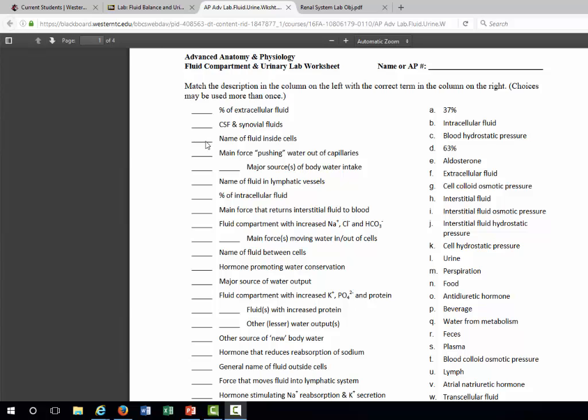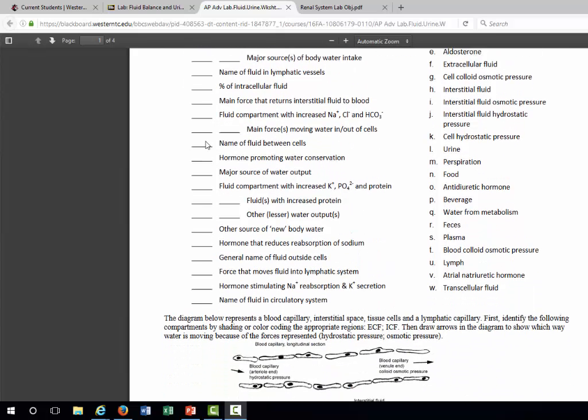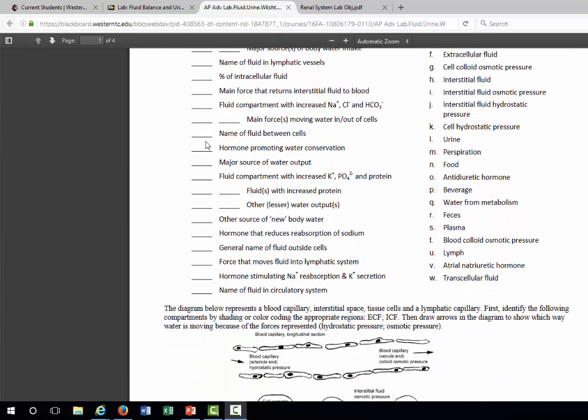Fluid compartment with increased potassium, phosphate, and protein. So these are things that are found inside cells, right? Potassium is an intracellular ion, so that would be letter B. It's found in the intracellular fluid. And then fluids with increased protein. Where do we see a lot of protein? The plasma. We have albumin, letter S, plasma.